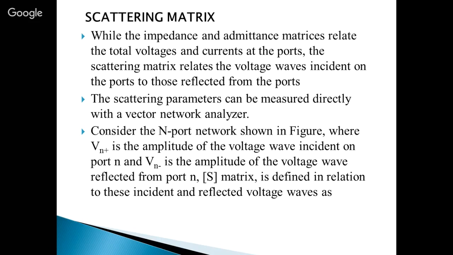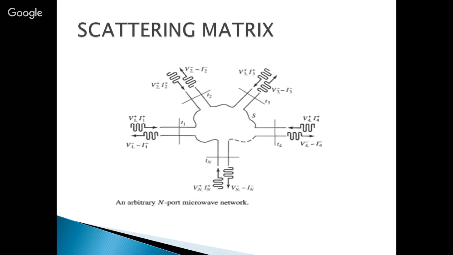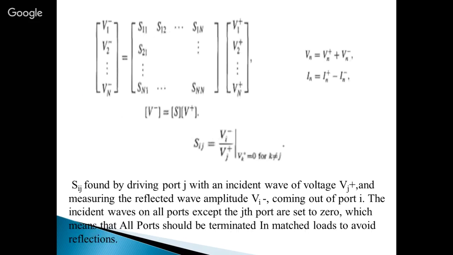Now, suppose we have an N-port network as shown in the figure, where Vn plus is the amplitude of the voltage wave incident on port N, while Vn minus is the amplitude of the voltage wave reflected from port N. Then the S matrix can be defined in relation to the incident and reflected waves as V minus equal to the matrix S multiplied into V plus.